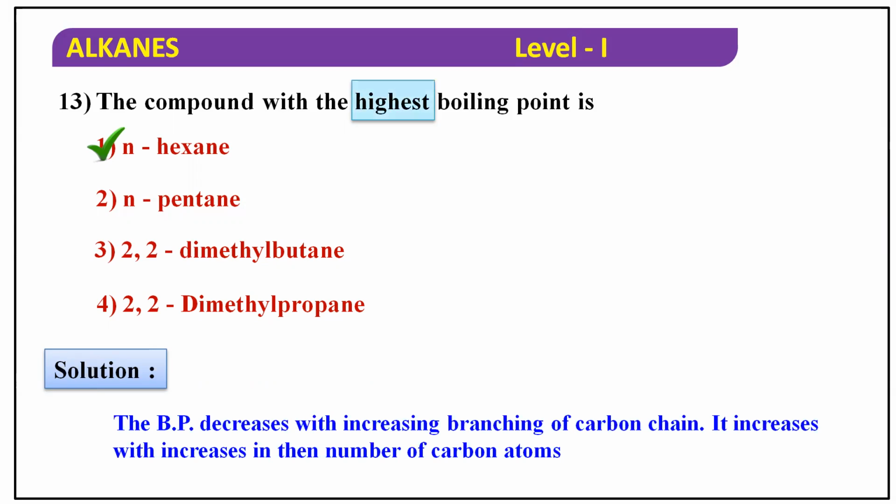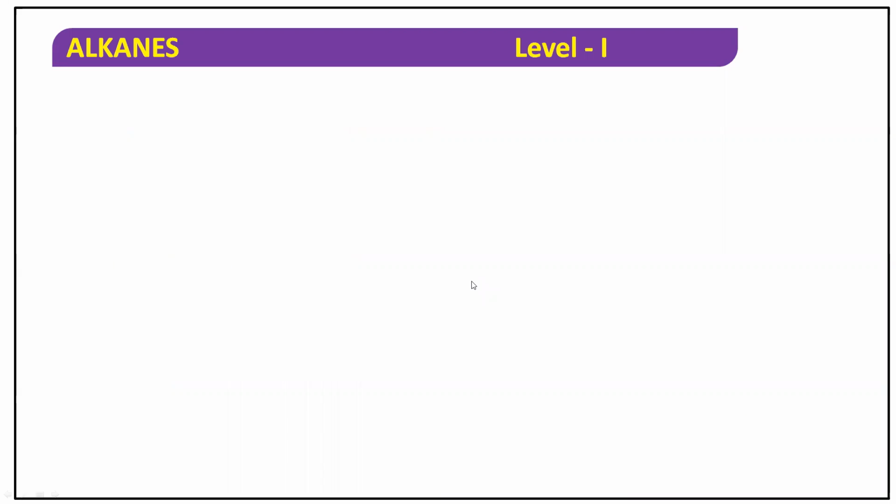So same logic for all boiling point related questions. It's very simple logic. Molecular weight increases, that is number of carbon increases, boiling point increases. Branching increases, boiling point decreases, because if branching increases, van der Waals force decreases.